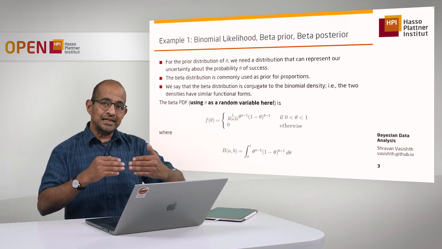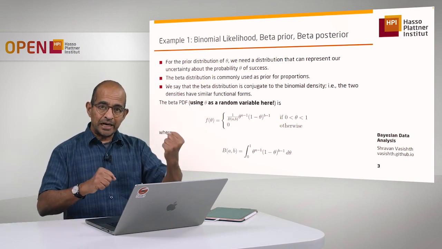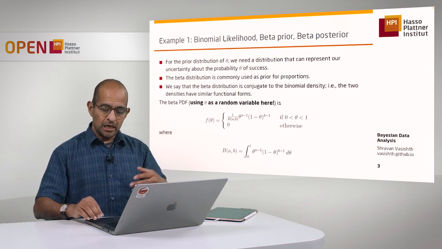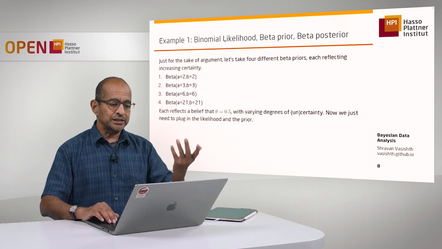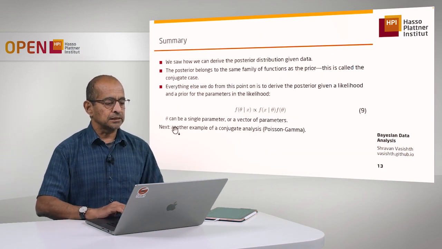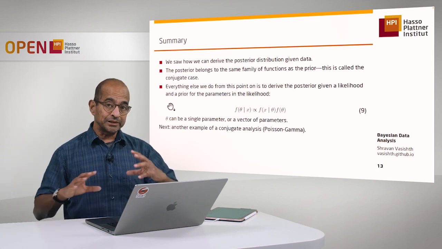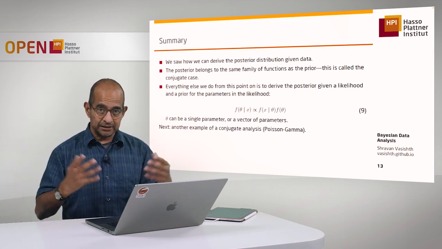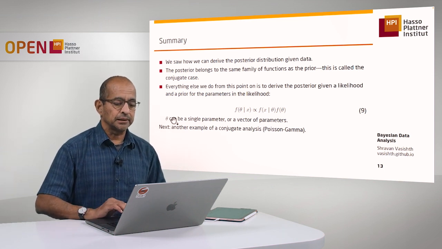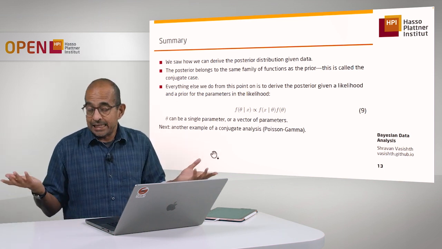And that's why we say that this particular example of a binomial with a beta prior is called a conjugate case, because the prior and the posterior end up coming from the same family. So this is a very important example which illustrates the key functionality that Bayes' rule gives you for figuring out the posterior. Basically, that's it.